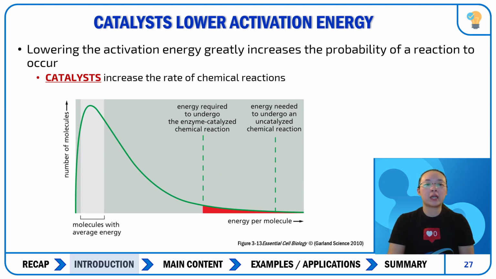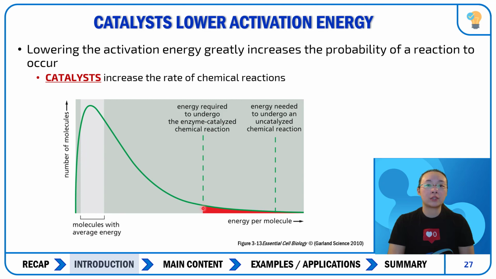When we take a look at catalysts and how they lower activation energy, at any given instance, a population of identical substrate molecules will have a range of energies like we see on this graph. These varying energies come from collisions with surrounding molecules. For a molecule to undergo a chemical reaction, the energy of the molecule must surpass the activation energy for that reaction.